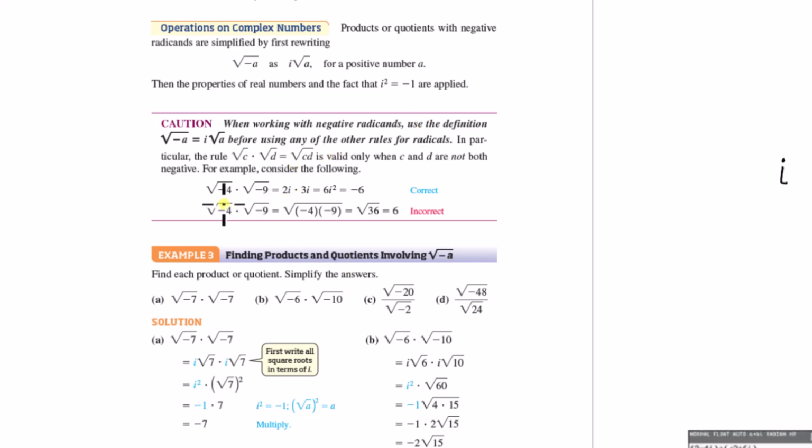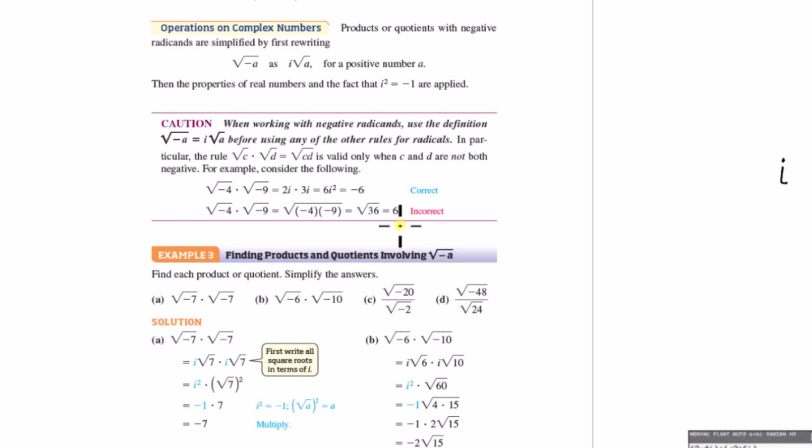But if you performed this property with the square root of minus 4 times the square root of minus 9, and so let's come to the second line here, then you combine them together like that. The minus 1 times minus 1 becomes positive 1, and you get the principal root of 36 is equal to 6.